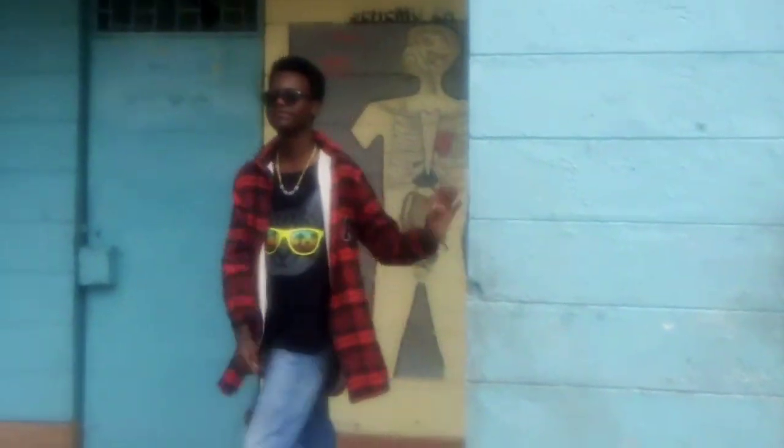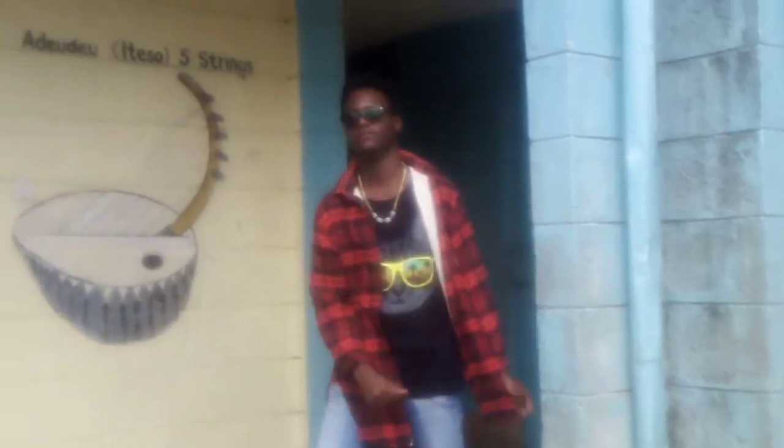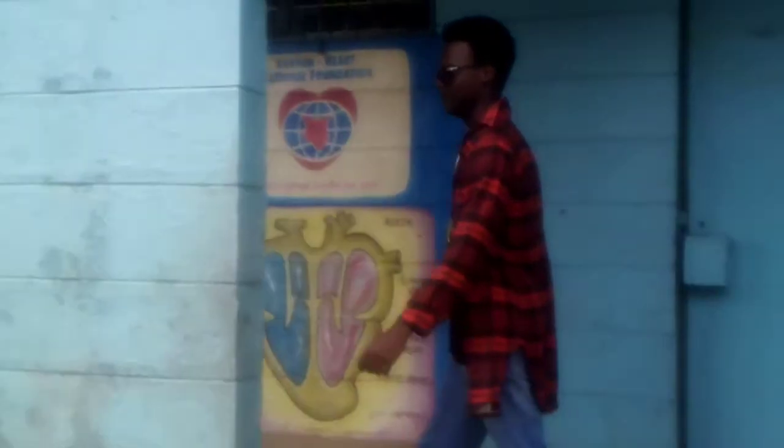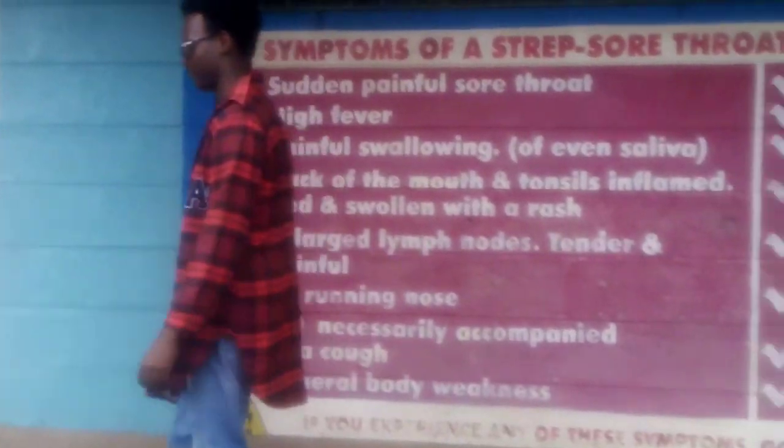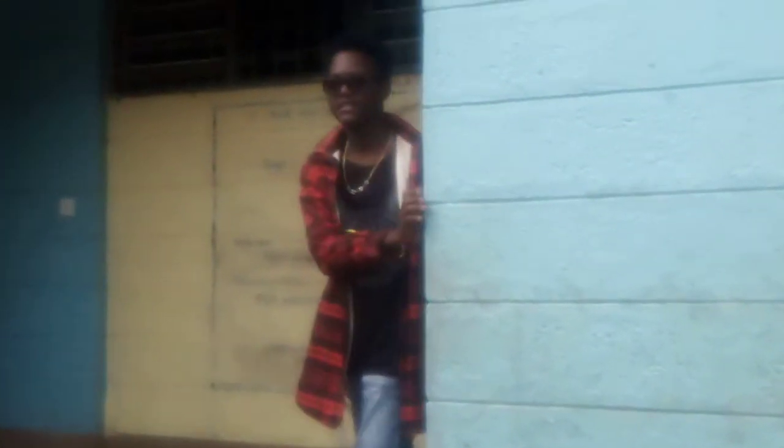Third pillar. Fourth one. Fifth one. 6. 7. 8. 9. 10.